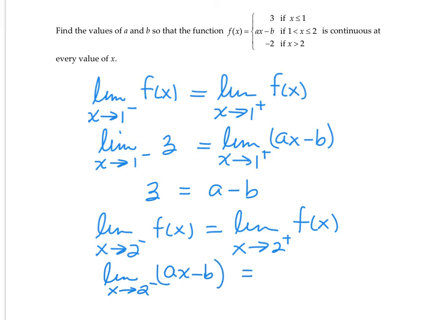As x approaches 2 from the right, of course we're bigger than 2, and the function value is constant negative 2.